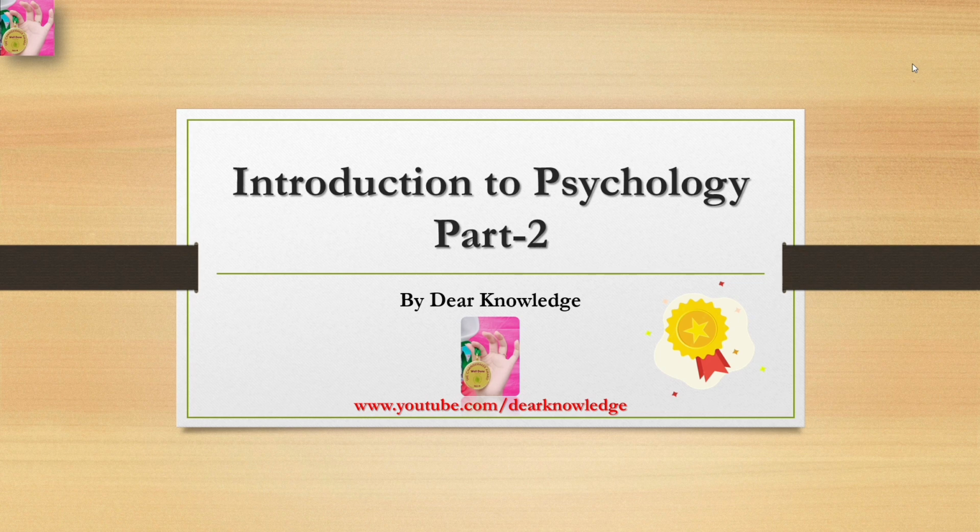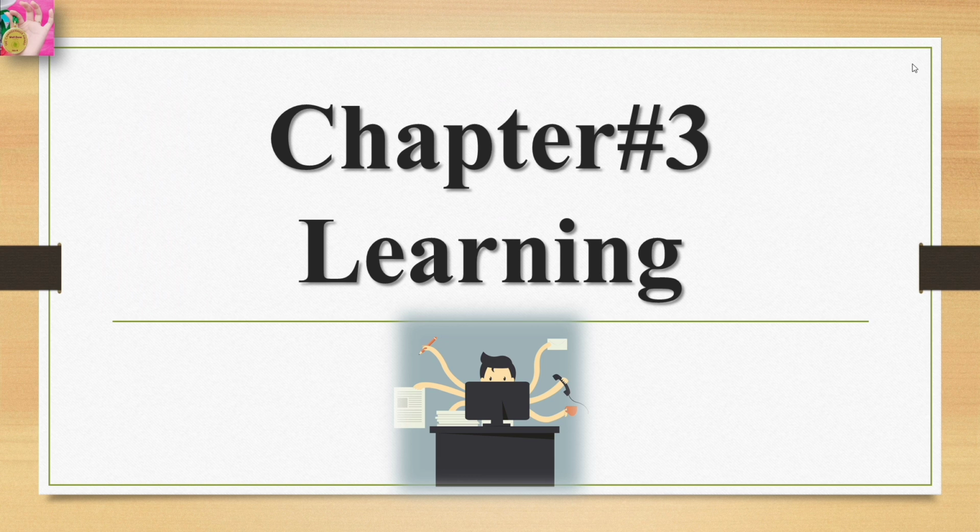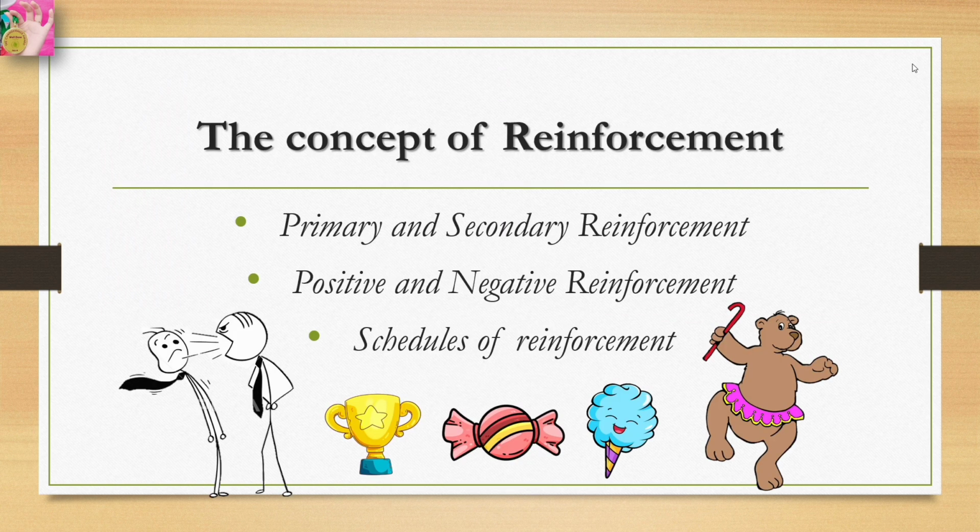This is Introduction to Psychology Part 2 by Your Knowledge, and this is chapter 3, which is all about learning, and we have covered lots of topics in the chapter on learning. In the last lectures we have covered some of the concepts of reinforcement, including primary and secondary reinforcement.